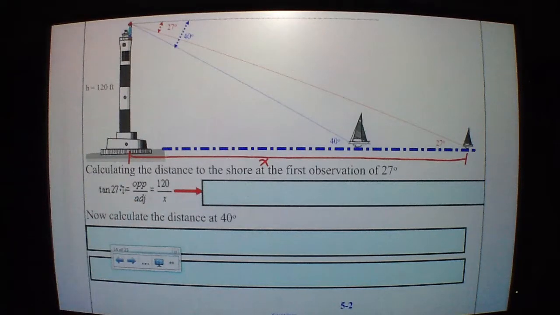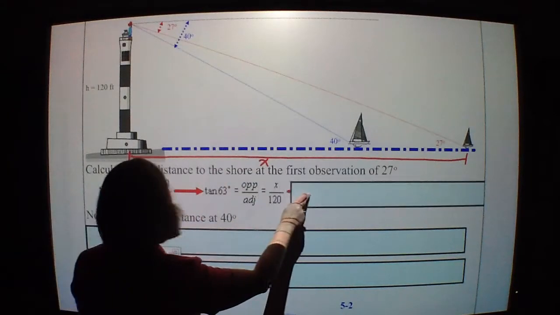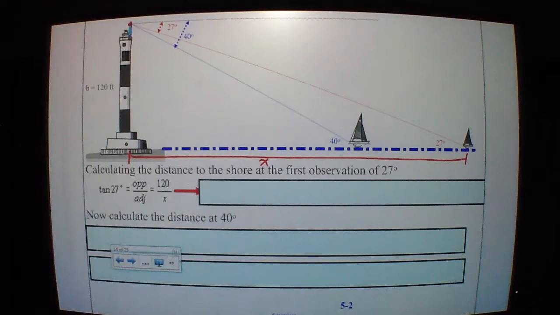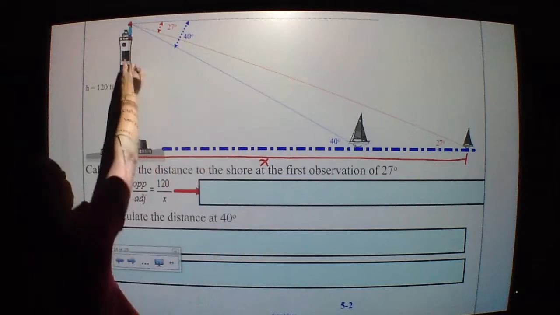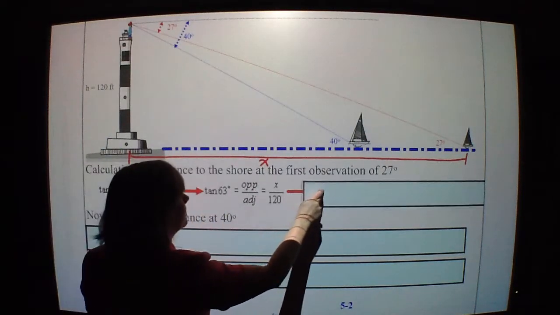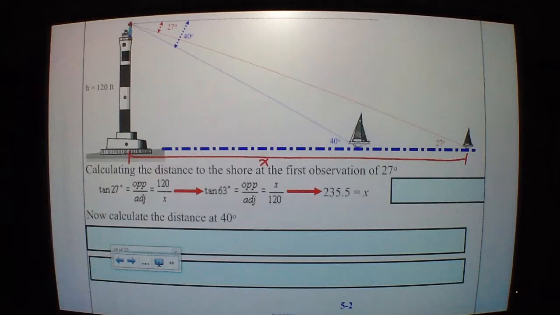So I can figure this out by doing 120 divided by the tangent of 27, and that'll give me my x. If you wanted to, I could have found the angle up there, which is 63. So I could have done this also. It does not matter. But either way, you will get about 235.5.